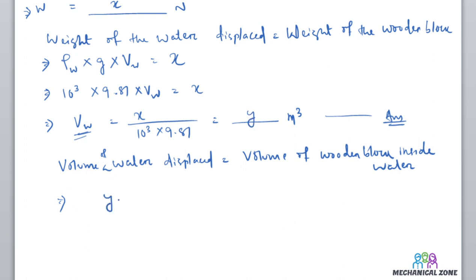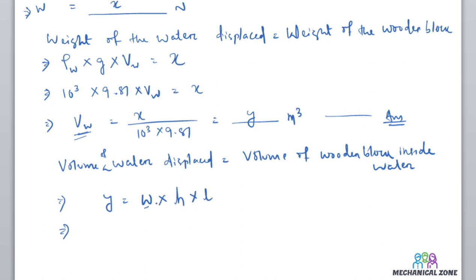So y will be equal to the volume of the wooden block, which has the formula: width of the wooden block into depth, that is the depth of the wooden block inside the water, into length.